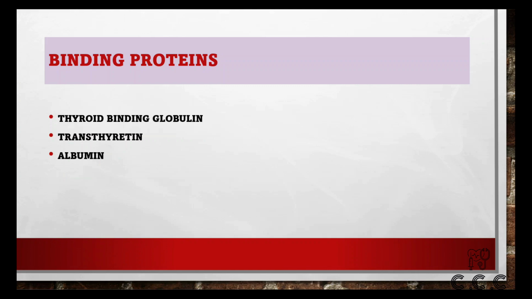These three proteins are important, and they have much more affinity for T4, somewhere around 99.98% bound, while T3 is bound less, at about 99.5%. T3 is the triiodothyronine. So this is the summary of the thyroid hormone synthesis.